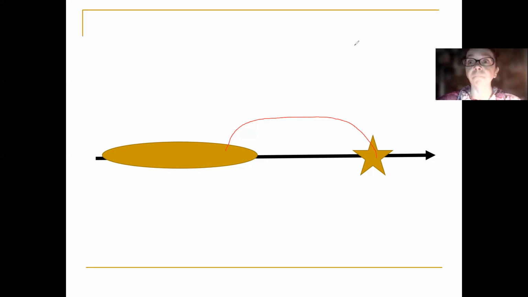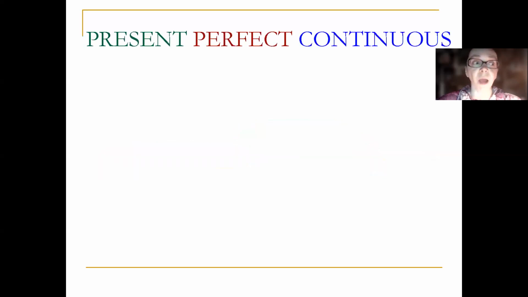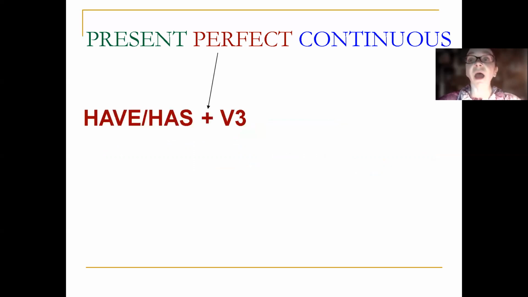This is it. So if we think of the formation, how we form it, let's recall, what do we need to form present perfect? Right, we need have or has plus past participle. And to make present continuous, we need the verb to be, plus the -ing form.